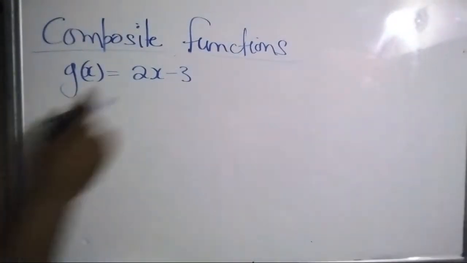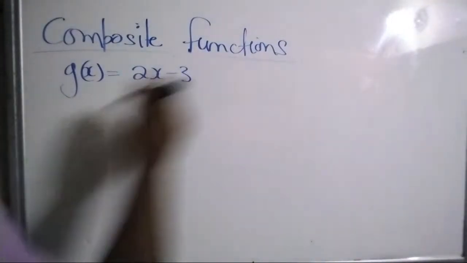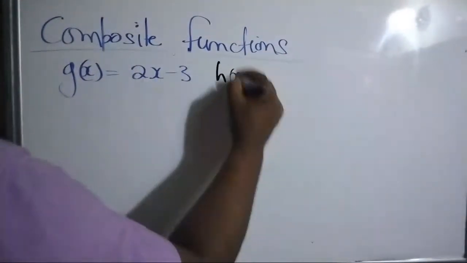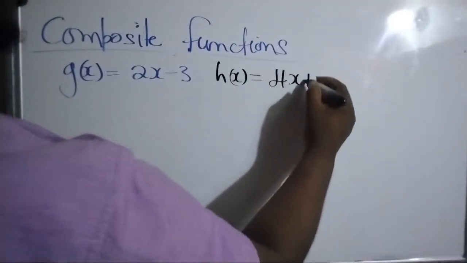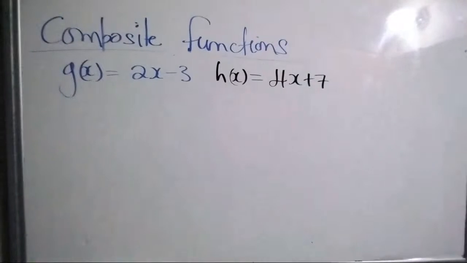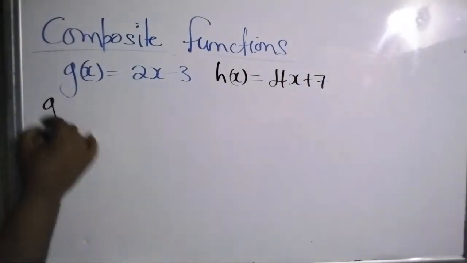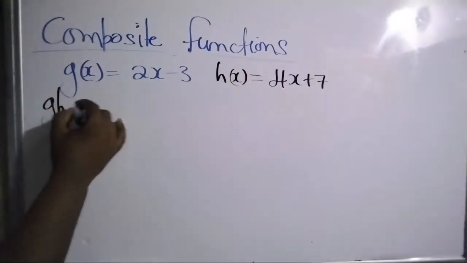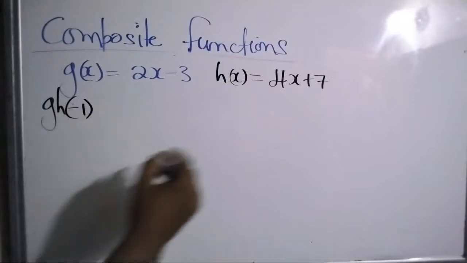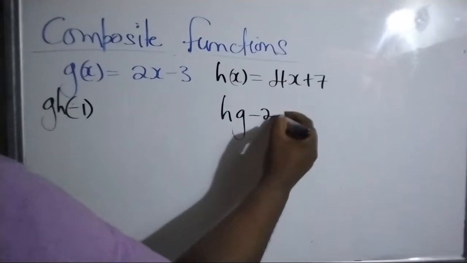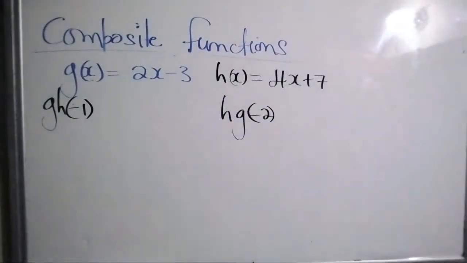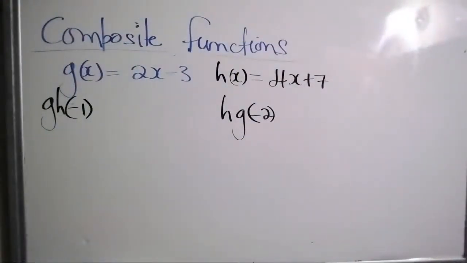Further on, closer to the exam, I'm going to give some tougher ones, some past papers. I will be going through some past papers. This is for everyone to just get a feel of it. So I want you guys to do GH of -1 and HG of -2. Alright? And then we move on to the inverse.